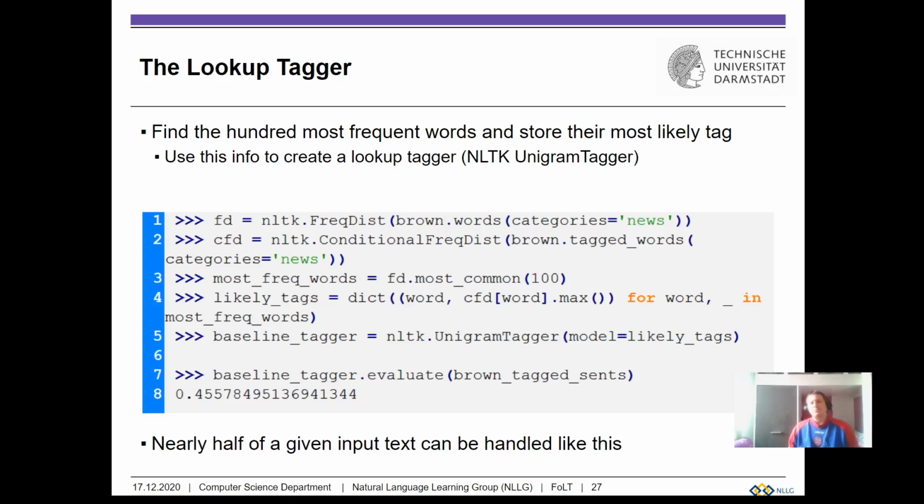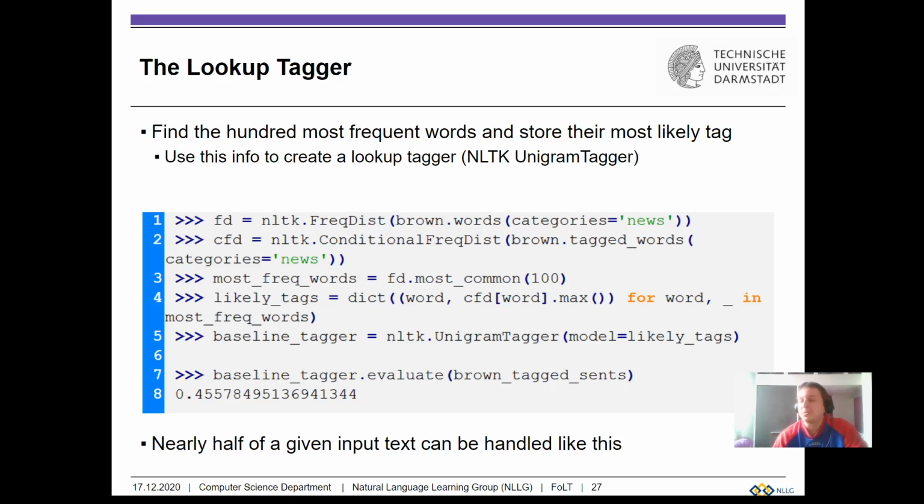Okay, good. So we have seen two taggers that use different information signals. Both of them have not been very good. Let's look at another tagger. We take the lookup tagger, and what it's doing is taking the 100 most frequent words in the data set. You have the Brown corpus, which is already tagged, so you take the 100 most frequent words, because those words are usually going to be very frequent in new unseen data also, right?